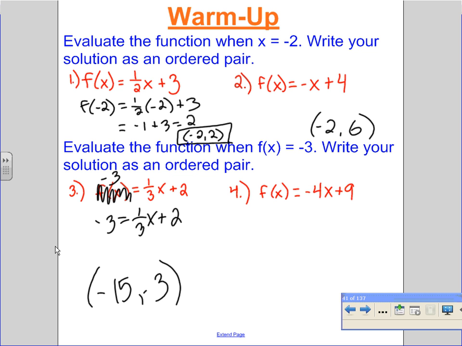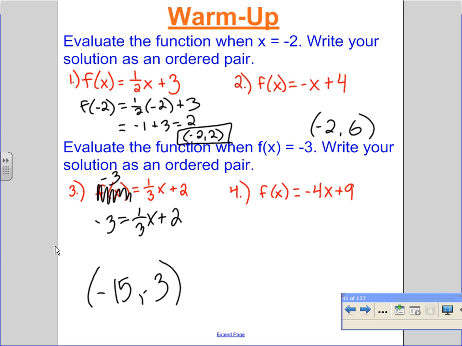You guys need to make sure you're trying the warm-up. A lot of you didn't do it. So try number 4. I want you to evaluate when f of x equals -3. And I want all of you to have your answer as an ordered pair on your paper, please. Good. Because if this is disastrous, then I need to do more examples with you.